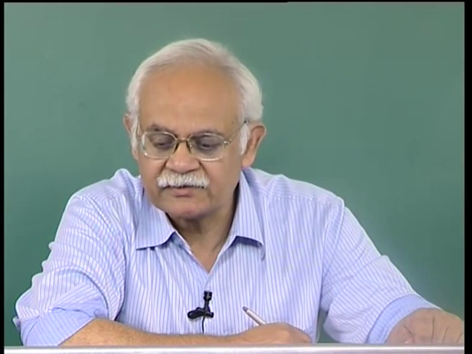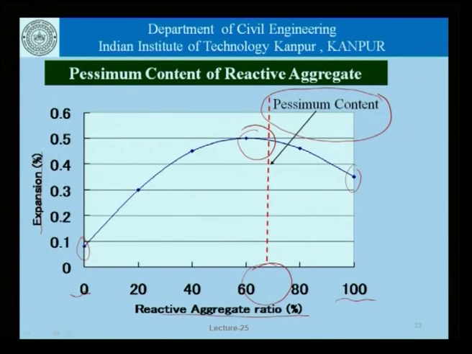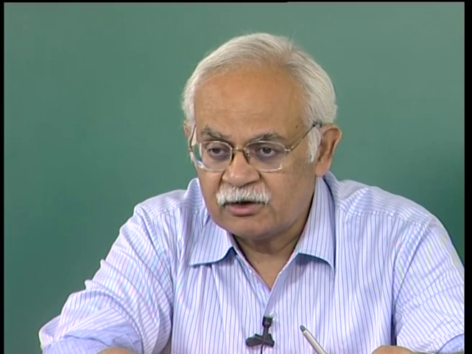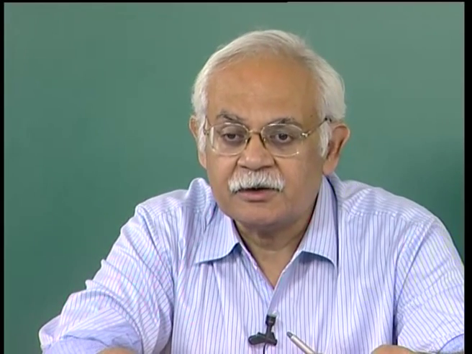That is, if only the reactive aggregates were used, we get this kind of an expansion here, but if only a small amount of non-reactive aggregates were to be mixed, the expansion would be higher. This is something which should not be lost sight of if we are choosing to mix reactive and non-reactive aggregates, because mixing non-reactive aggregates may not necessarily bring about a reduction in the total expansion.